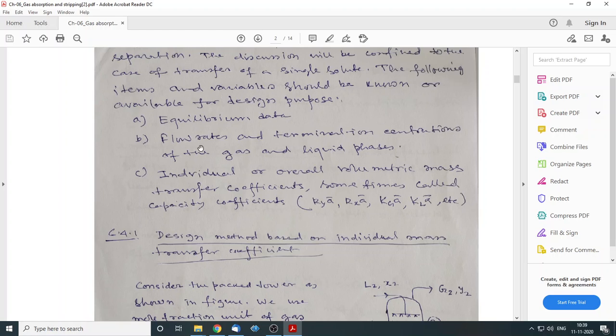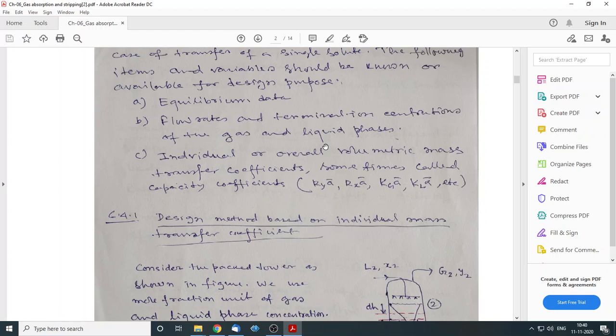Once you select the solvent, the initial concentration will be known. Then you calculate the minimum solvent flow rate, then the actual flow rate at 1.2 to 2 times the minimum, and from the material balance you will get all the flow rates and terminal conditions.